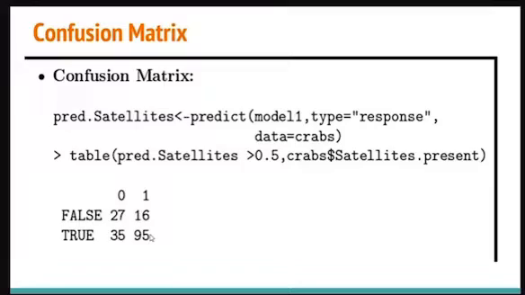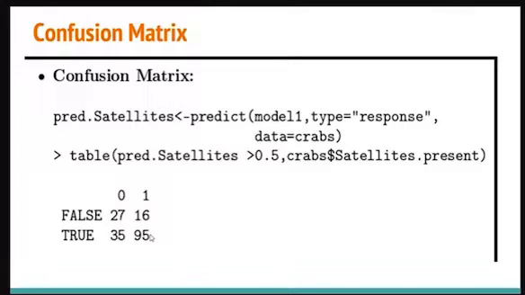Now, it tells us the proportion of the negative class that got correctly classified. Now, what about the proportion of the negative class that got incorrectly classified? That will be the false positive rate.